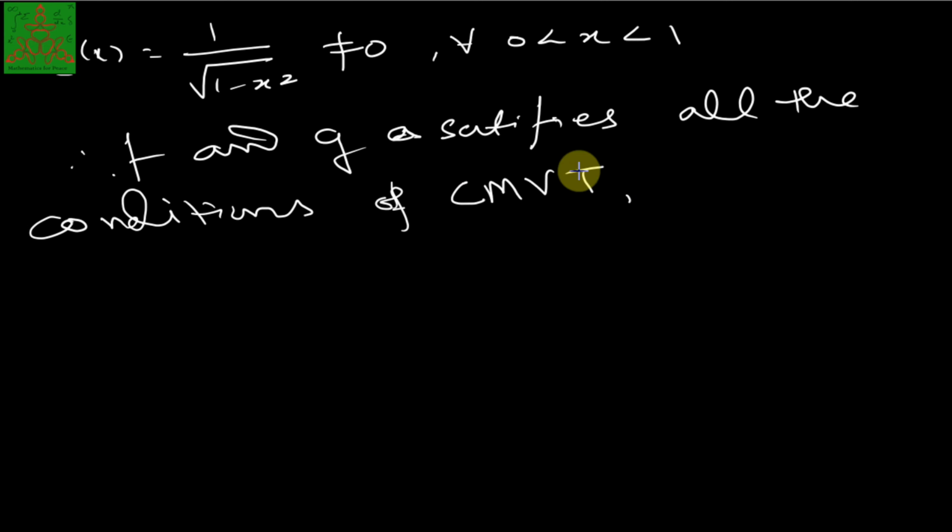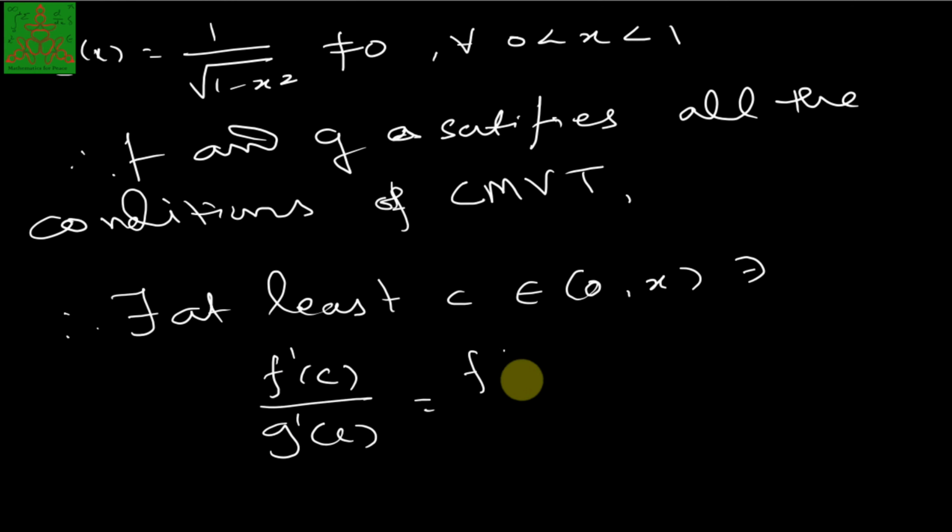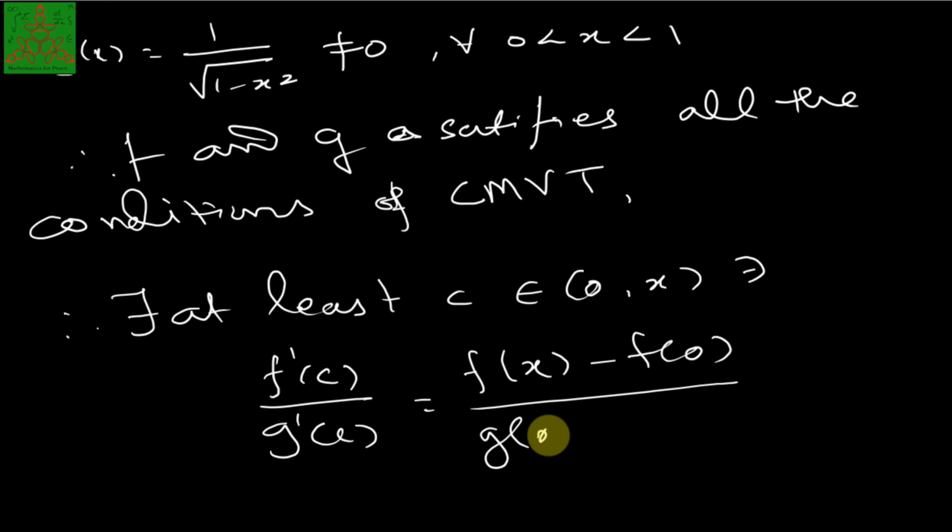Since they are satisfying the conditions of CMVT, we can say that there exists at least one c in between 0 to x such that f dash of c upon g dash of c is equal to f of x minus f of 0 upon g of x minus g of 0. Now let us see what this expression is.